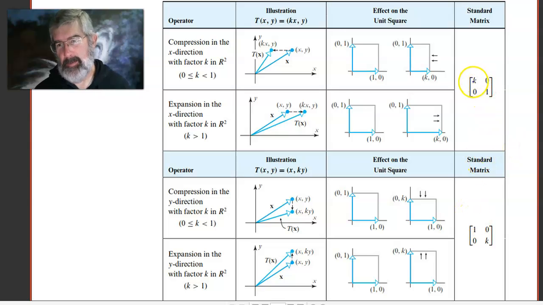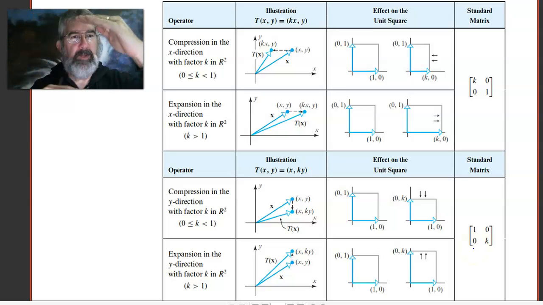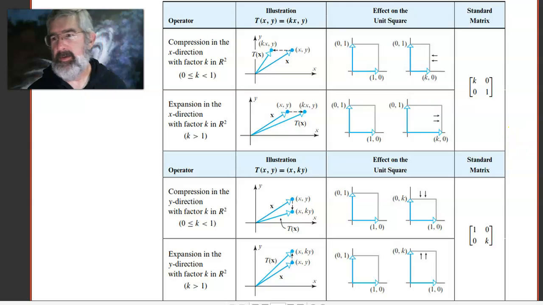Down here, if it was a negative 2, then this would be expansion by a factor of 2 and reflecting in the y direction. We can do similar things in R3, but I don't know that I need to point that out here. It looks like an identity matrix with one row having a k on that diagonal instead of a 1.